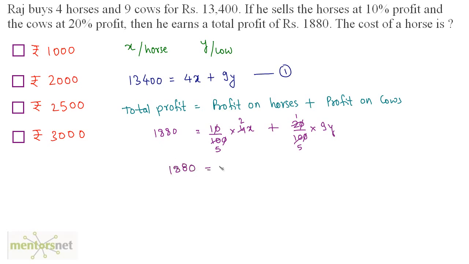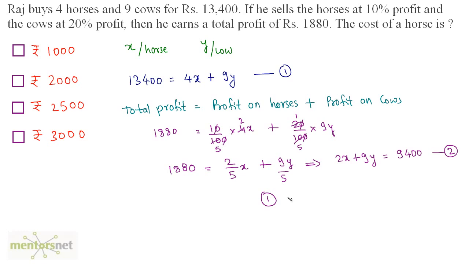1,880 is equal to 2x by 5 plus 9y by 5, and that can be written as 2x plus 9y is equal to 1,880 times 5, which is 9,400. So 9,400. This is equation 2.